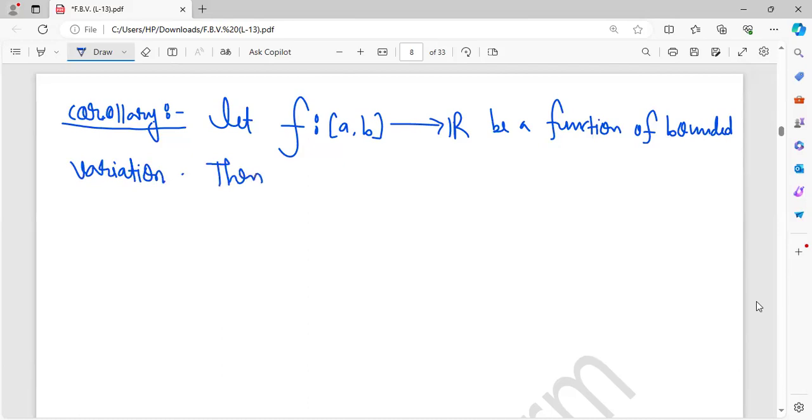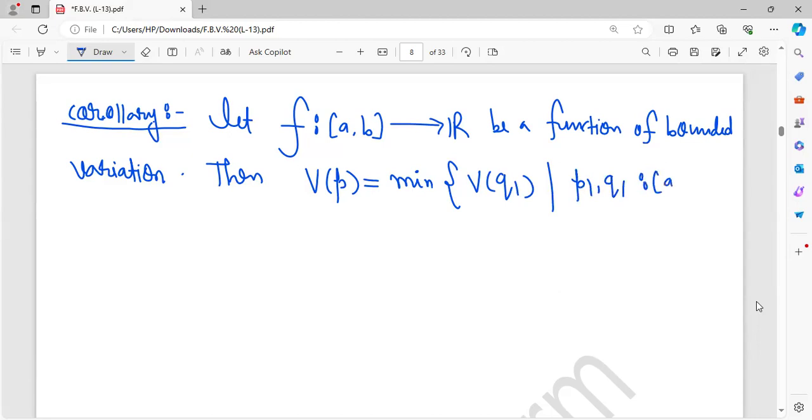Then VP is nothing but minimum of VP1, VQ1 such that P1, Q1 from closed interval AB to R monotonically increasing and F is P1 minus Q1. Okay.